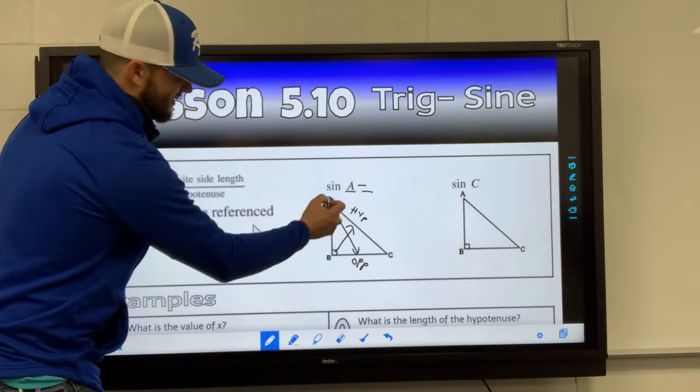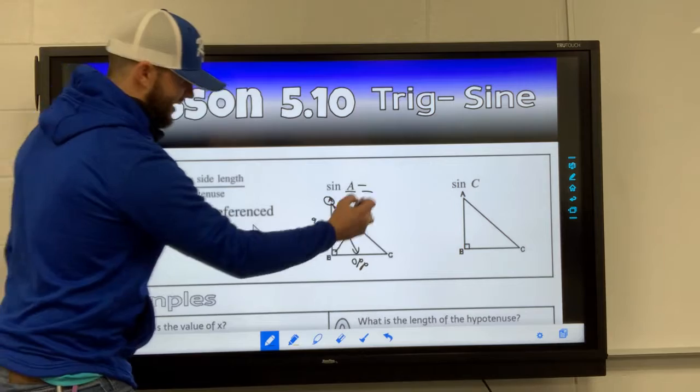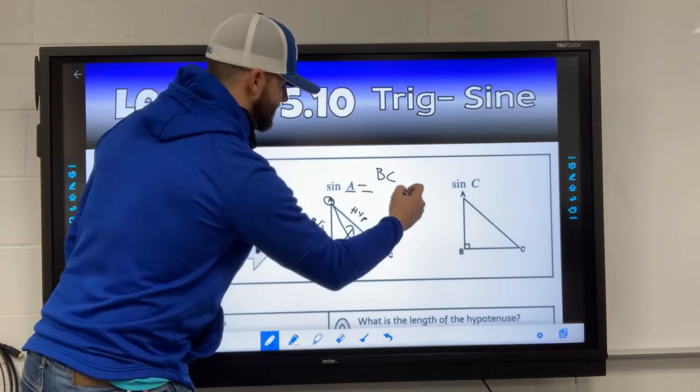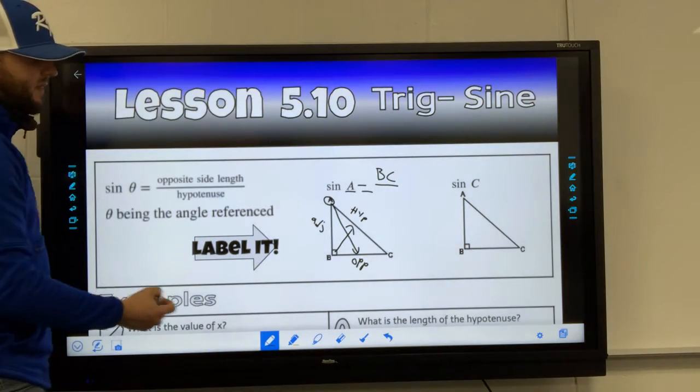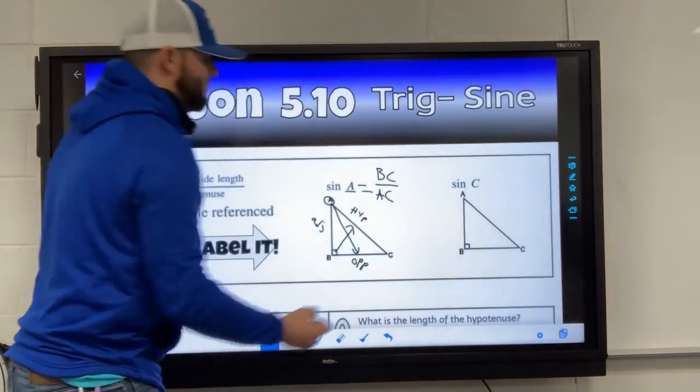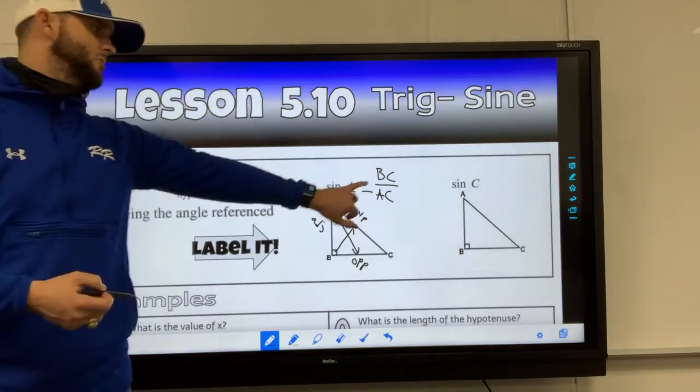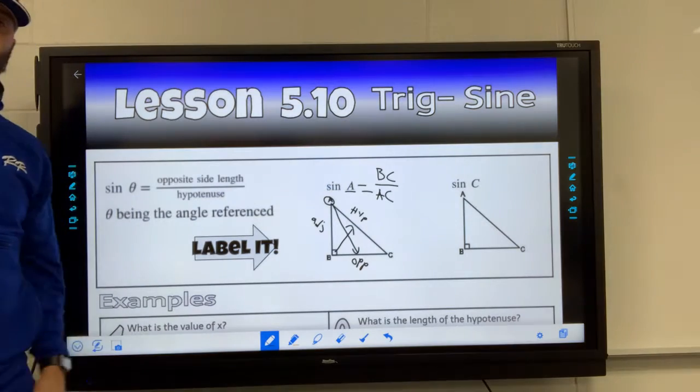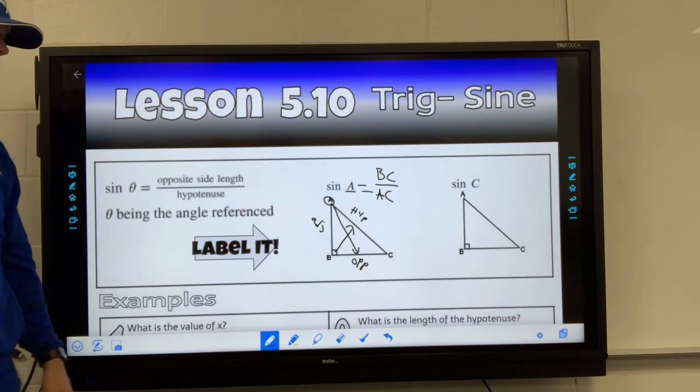In this instance, the opposite side is going to be BC, so whatever the length of BC is goes on top. And then the hypotenuse is going to be side AC, so AC is going to go on bottom. We would put the two measurements on here, and we're going to work some problems here in a little bit to show you how this works, okay?